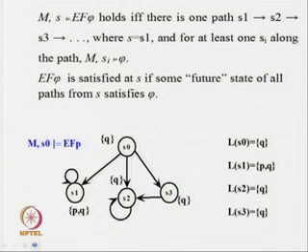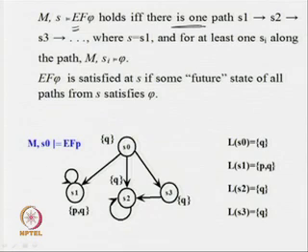Now the next formula is again with the future operator, but with the path quantifier E. That means there exists a path in the future where phi holds. It is similar to before, but we are concerned with any one path. We are not looking at all paths, but if it is true in any one path, then we say E F phi is true.